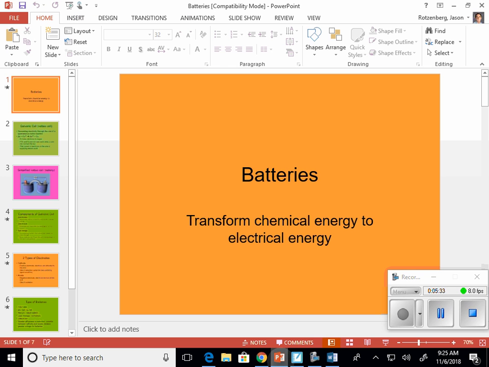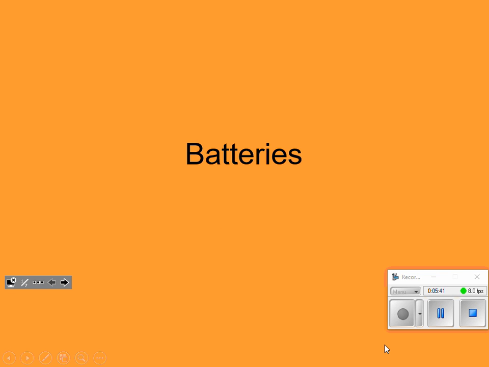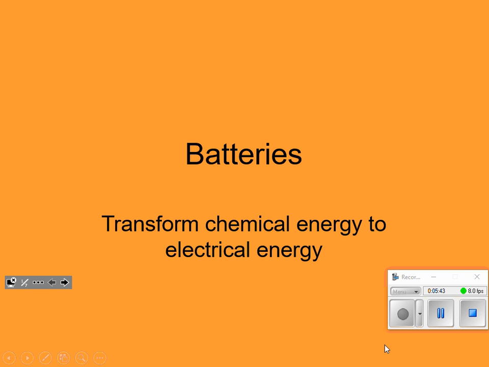So we are going to now move into the notes part dealing with batteries, because this is where we have an application of redox chemistry. And as my title slide states, we're taking chemical energy and making it into electrical energy. The lab that we do next week, Monday, will be doing this very thing.